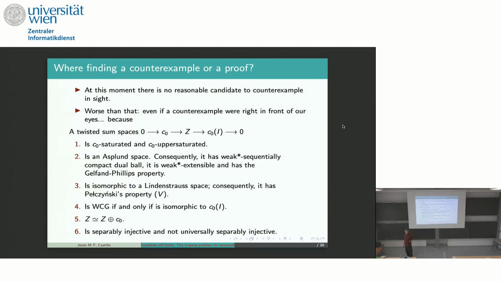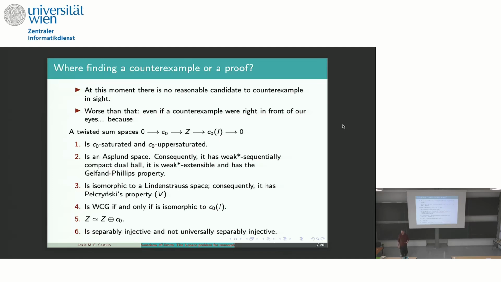An isomorphically polyhedral Banach space is C0 saturated, saturated by copies of C0. And nobody, as far as I know, except Denis Leung, is able to distinguish between C0 saturated and isomorphically polyhedral. Leung is able because he had a counterexample, he made a C0 saturated Orlicz-like space, which is not isomorphically polyhedral. But outside that, it's too complicated. So even if I had an example, I couldn't know how to prove it.